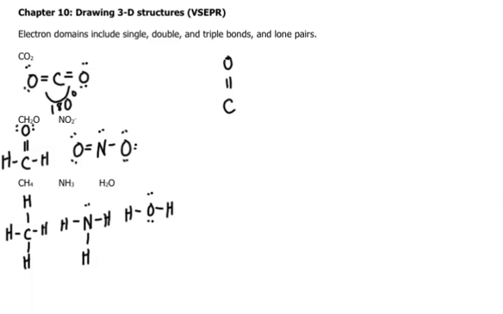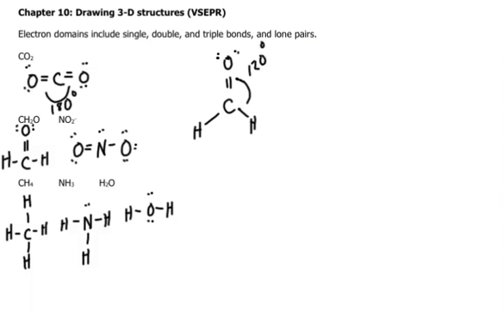Here's one of them. And then the others, in order to maximize the angle between them, are going to have this arrangement. Now all of these angles are the same. Okay, these bond angles are the same. And in this case, the bond angle is 120 degrees.